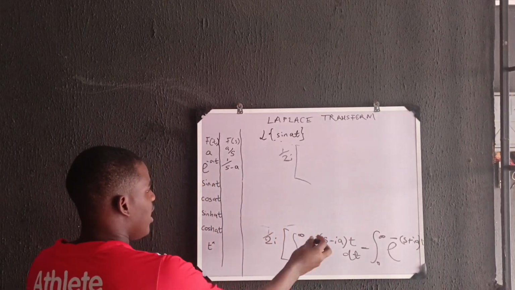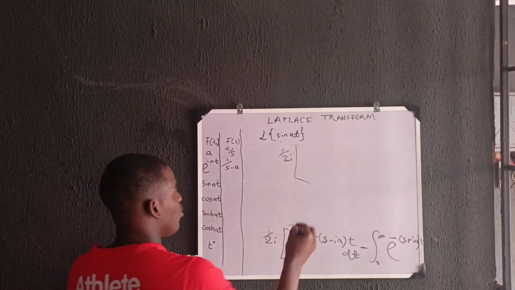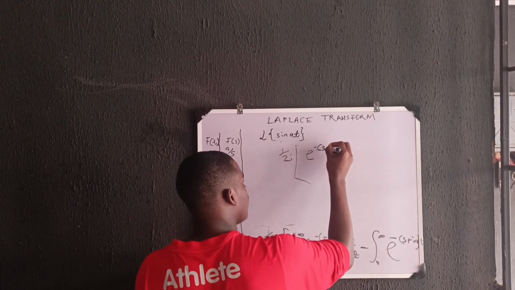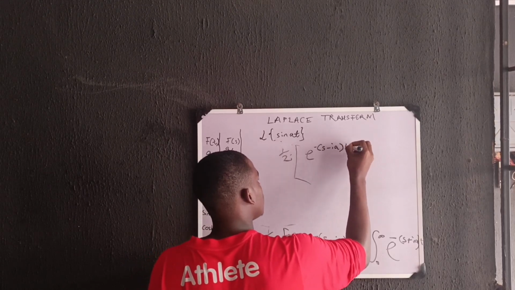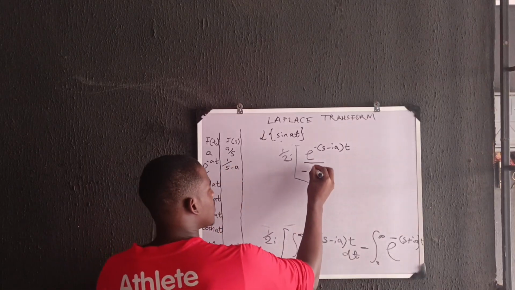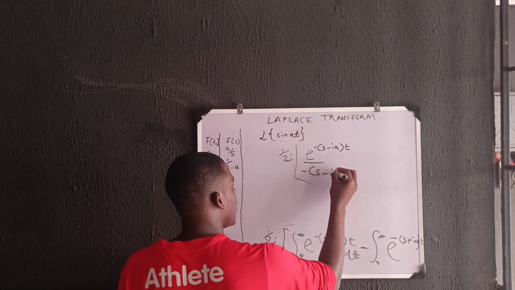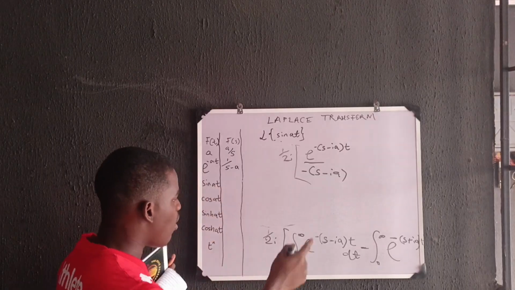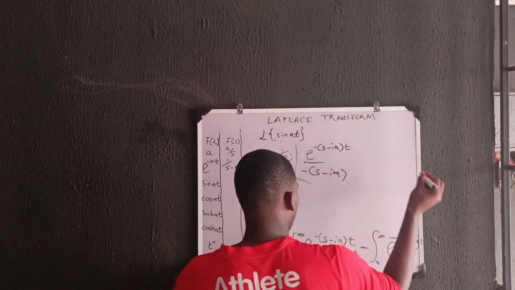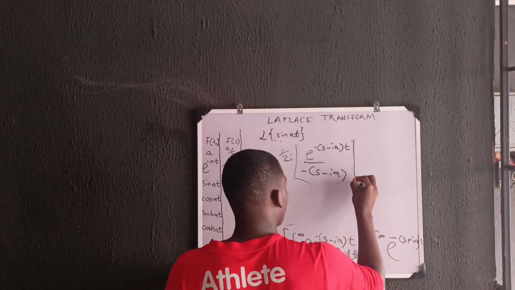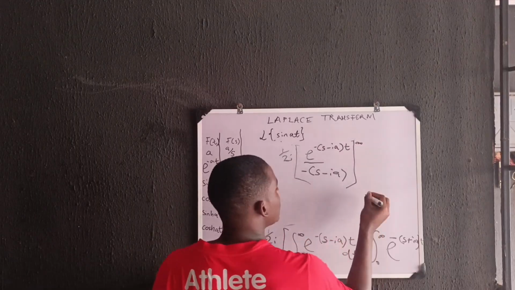So applying that here, what are we going to have? We are going to have e to the minus s minus ia t all over minus s minus ia. Now on this part, we are going to say this one is from 0 to infinity.